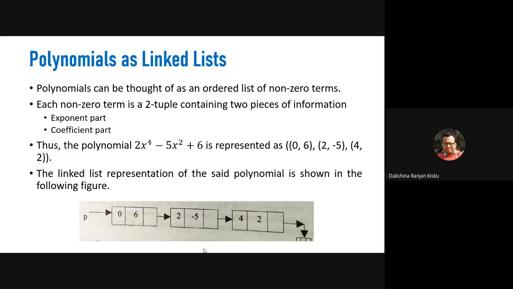if this is the ordered list of non-zero terms, then for each non-zero term, or each two-tuple, how can a linked list be used to represent the entire polynomial in terms of individual non-zero terms? Okay.